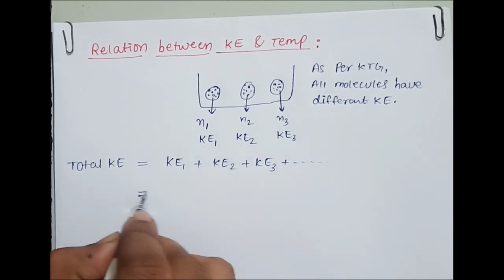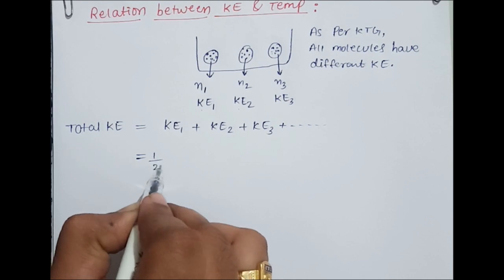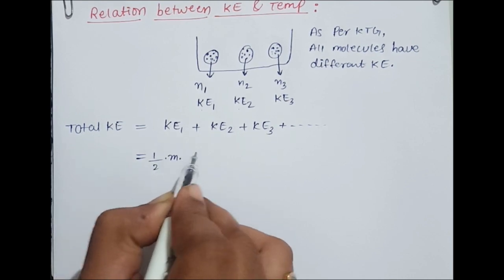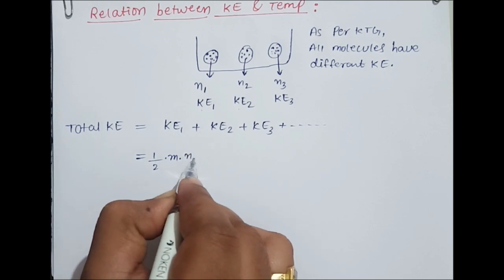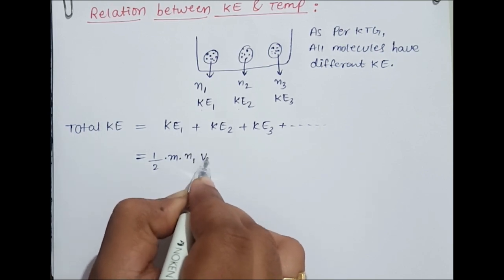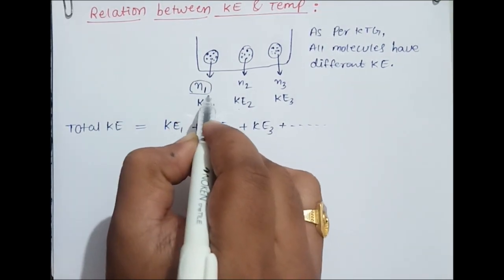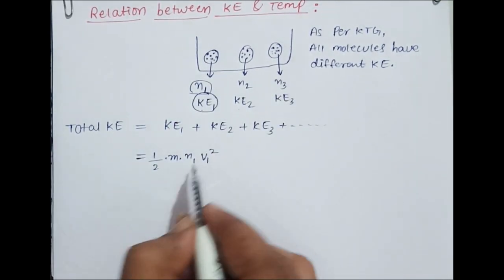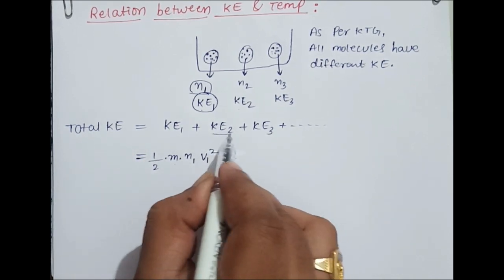Now what is the formula of kinetic energy? It is half m v square, half into m into v square, but this is for n1 number of molecules. That's why I have to put n1 into v1 square, because there are n1 number of molecules whose energy is KE1. So half m n1 v1 square plus the second kinetic energy.